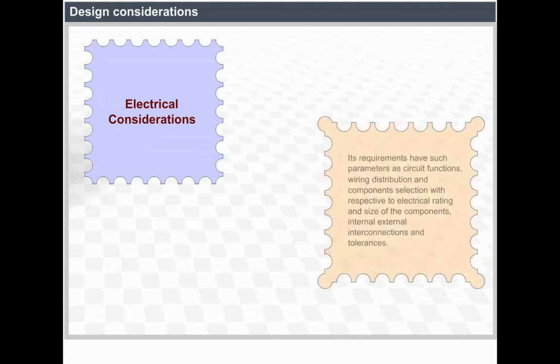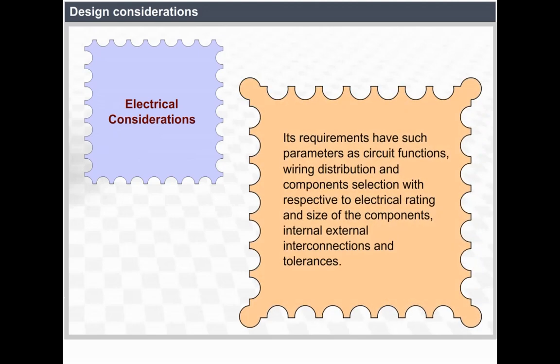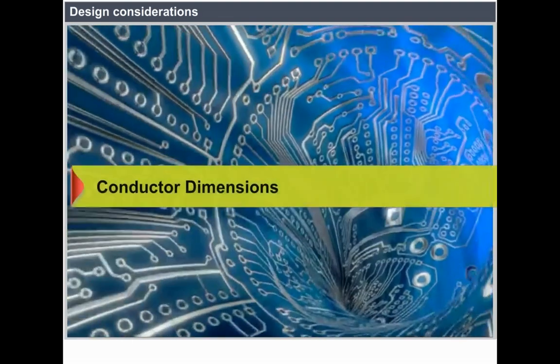Electrical considerations: the requirements involve parameters such as circuit functions, wiring distribution, and component selection with respect to electrical rating and size of the component, internal and external interconnections, and tolerances. Conductor dimensions.